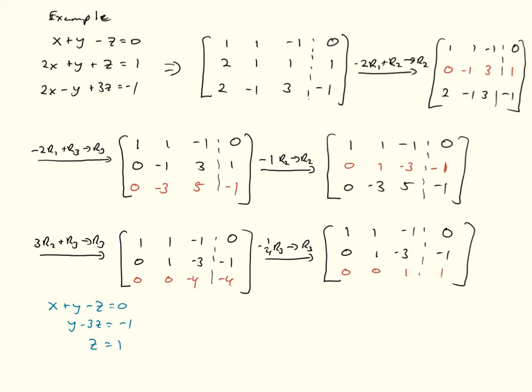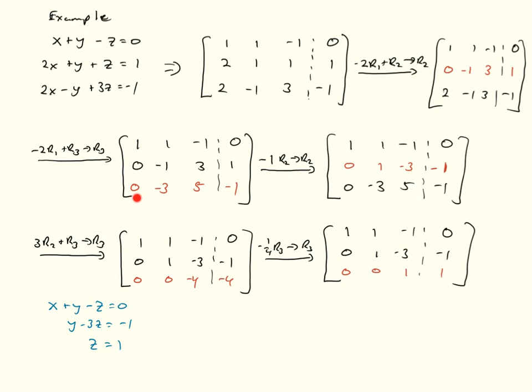The next thing we have to do, once we have it in this form and you're comfortable with this, is get that to be a 0. So again, I'm going to take negative 2 times row 1 and this time add it to row 3 and store the result in row 3. So my first row and my second row just stay the same. Now I'm going to take negative 2 times 1, add it to 2.